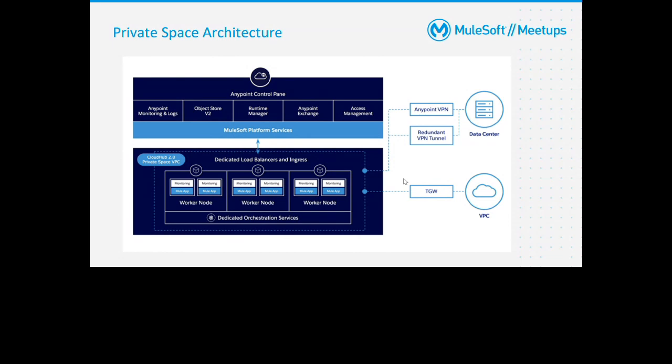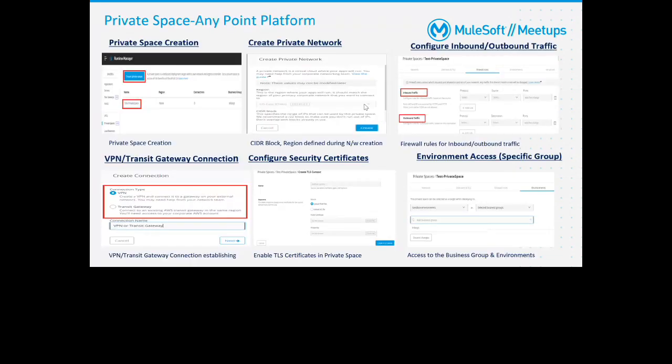Now, how are we going to create a private space? I've kept a few screenshots to explain. In Runtime Manager, there is a section called private space, marked as newly launched. When you click on it, you get a button to create a private space. It will ask for the region in which you want to create it.